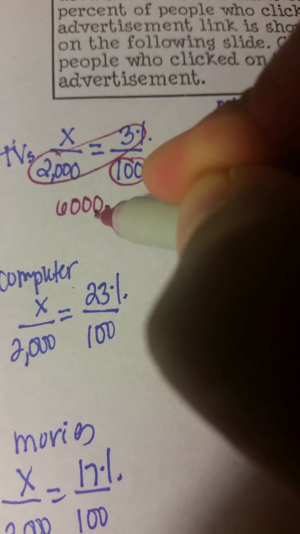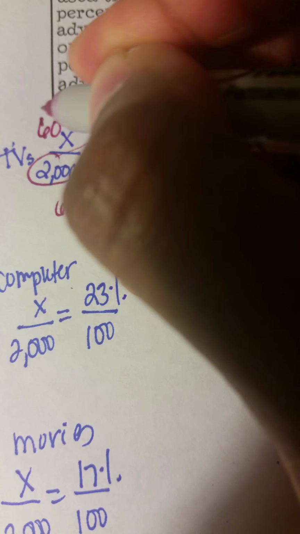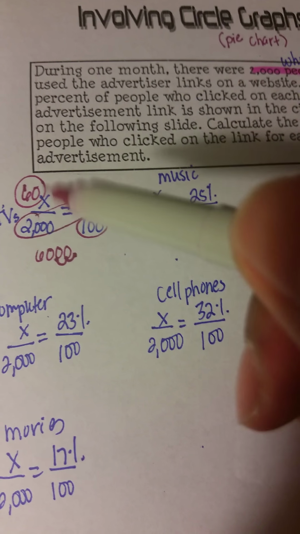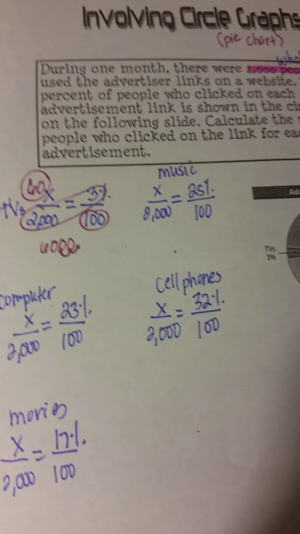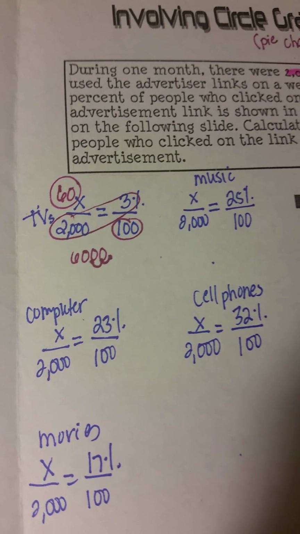I move it over 2 decimal places. So my answer is 60. We're calculating the number of people who clicked on that link. So 60 people clicked on that link for TVs. That 3% represents 60 people.